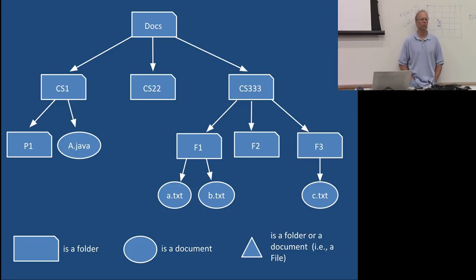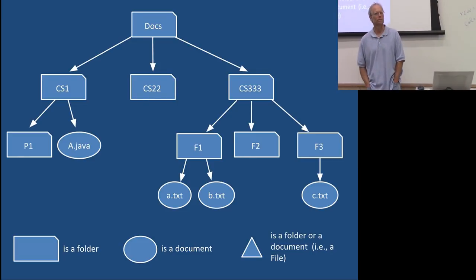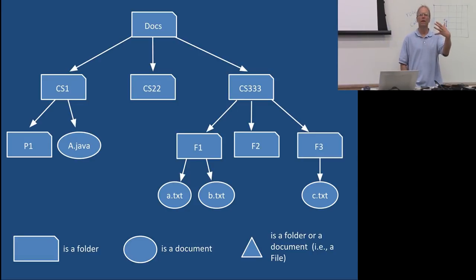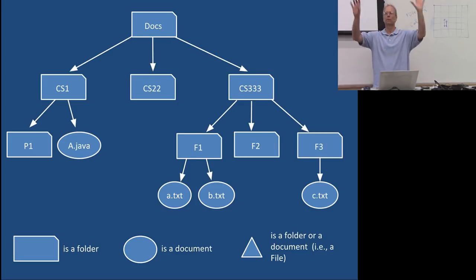So what would be the next simplest thing? Yeah? Just a document all by itself. So a document all by itself is one kind of thing. And what's the other kind of file system? Yeah? A folder that contains simpler file systems.